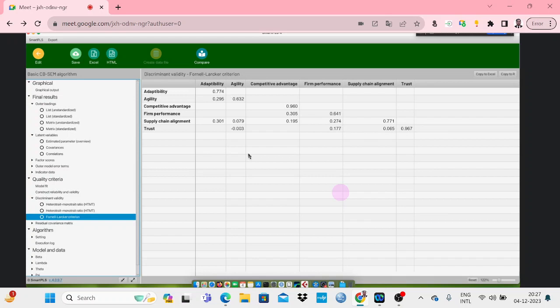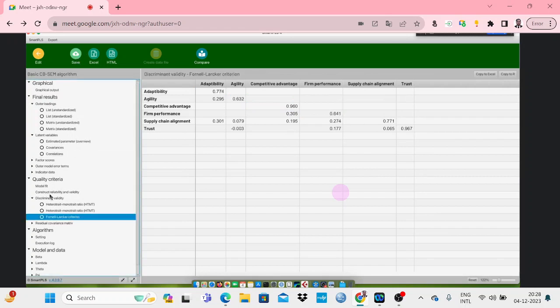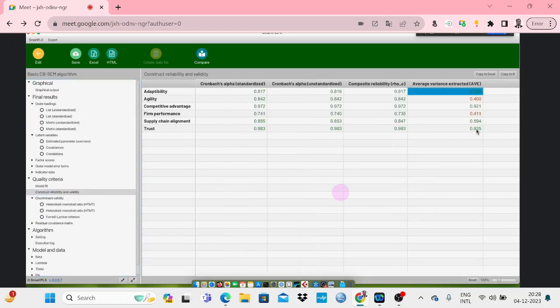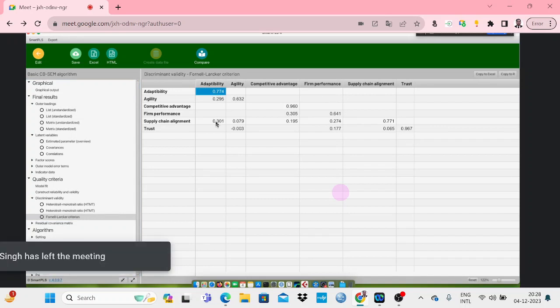Now, how do we judge discriminant validity from this table? This is just the correlation table, and it has erased everything above the diagonal. On the diagonal, where the ones were, it has replaced them with the square root of the average variance extracted, which was calculated in this table. The top value, where we replaced the one with the square root of the average variance extracted for every variable, should be the greatest value in that particular column.